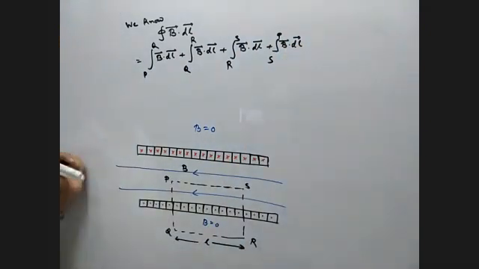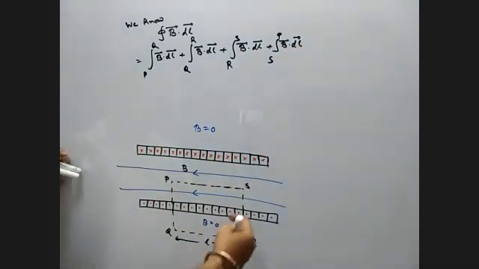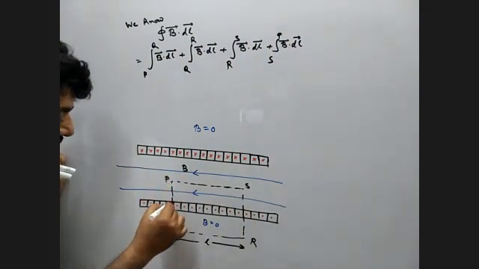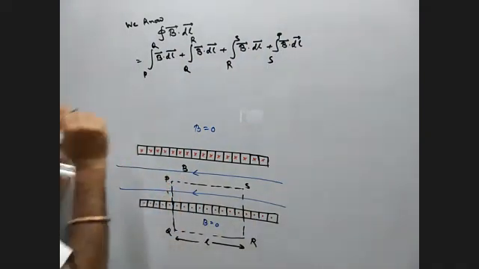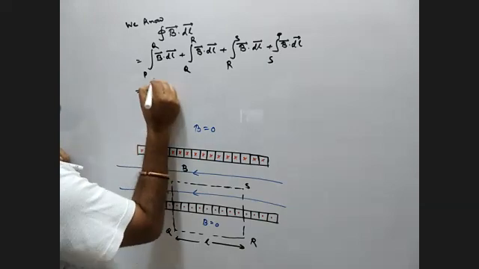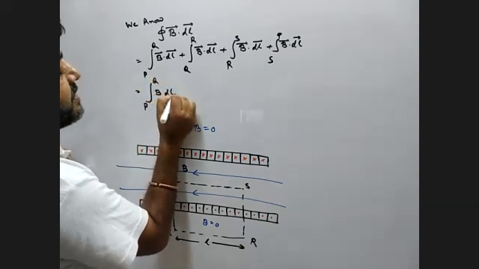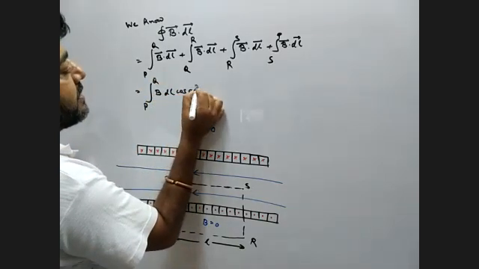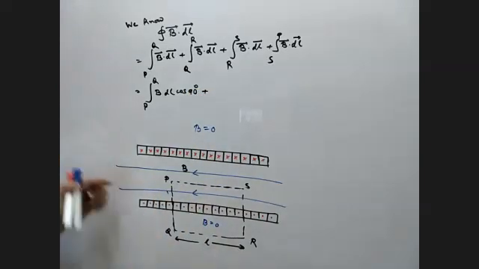Now see, when we are moving P to Q, the magnetic field and this length vector are 90 degrees to each other. So we can write P to Q, B dl cos 90 degree. Everyone satisfied?